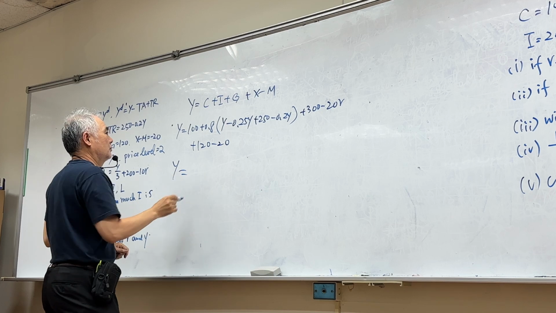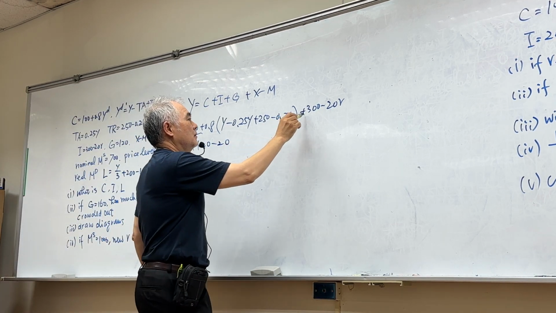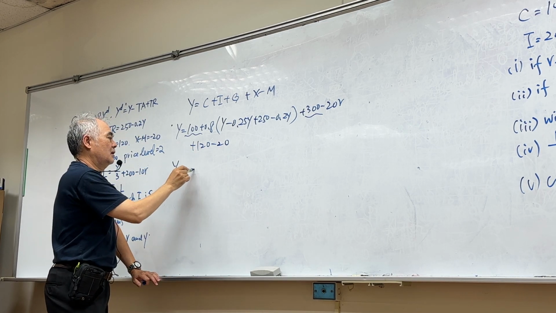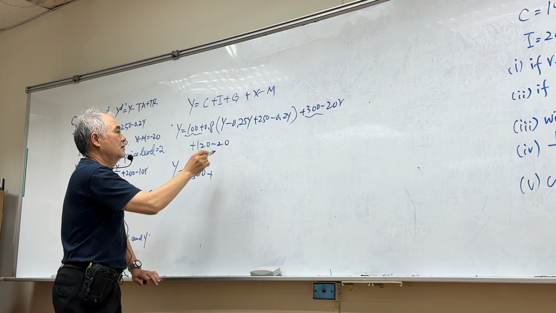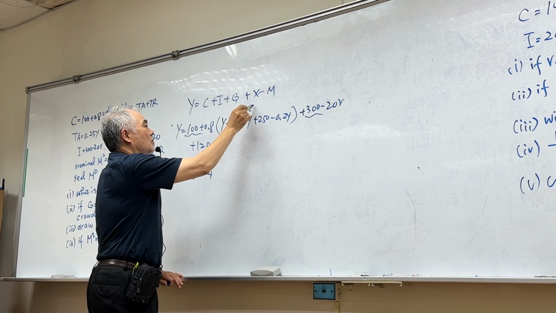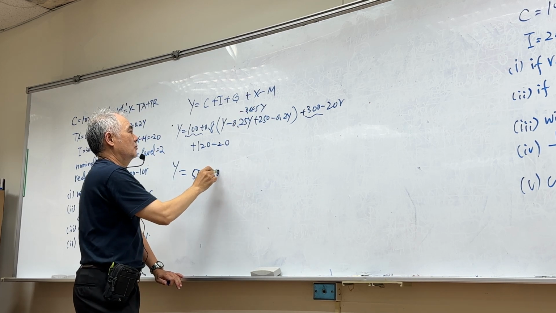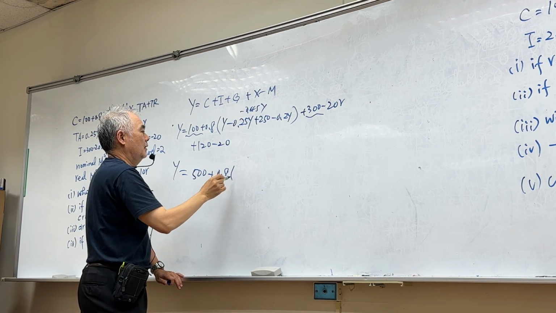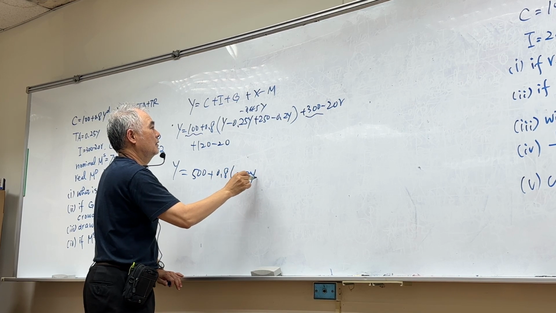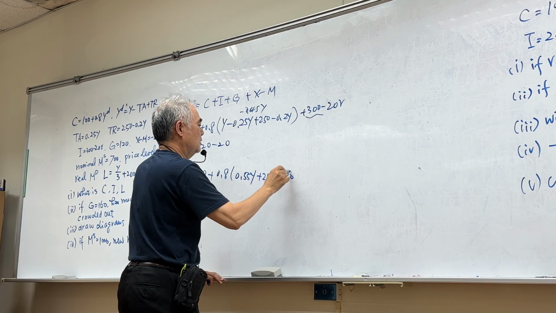So y is equal to, here you have 100, 300, and then here another 100, right? So it's 500. And plus 0.8 times y minus 0.45y, so 0.55y plus 250 and minus 20r.